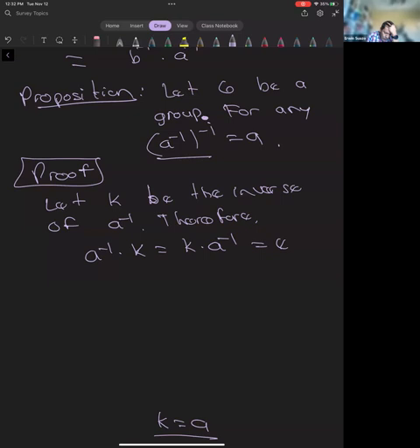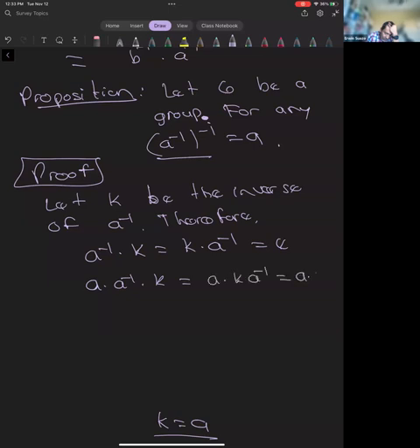So what I will do probably will be multiply everything to the left times A. So let's see what happens. If I do that, I'll get A times A inverse times K equals A times K times A inverse.